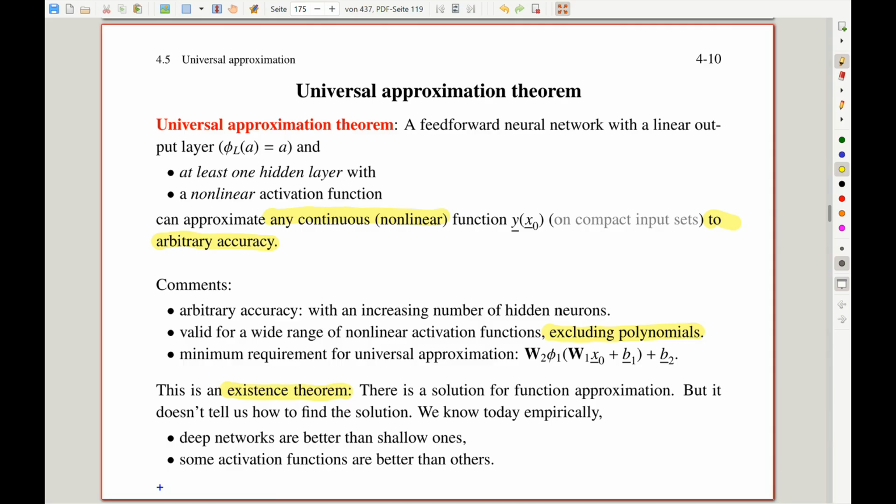At that time, there was no large data set. There was no GPU, no computational power. But one major reason is this universal approximation theorem. It's misleading. It tells the research teams, don't worry, one hidden layer is sufficient. They tried to find a solution with only one hidden layer.